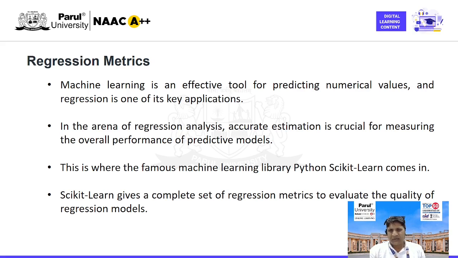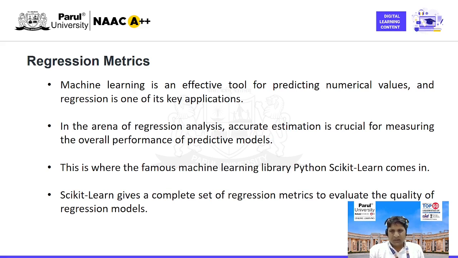In the arena of regression analysis, accurate estimation is crucial for measuring the overall performance of predictive models. If we talk about estimation, accuracy, regression analysis, and the overall performance of the model, then we have to talk about regression metrics. This is where the famous machine learning library Scikit-Learn comes into the picture.